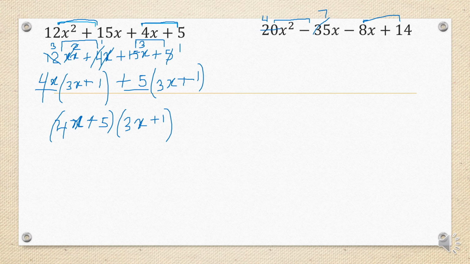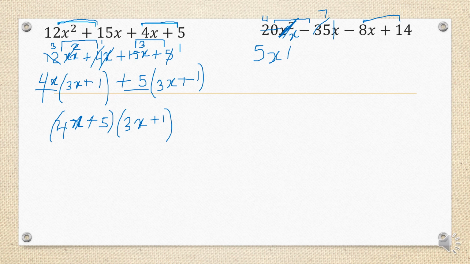So what number do we use to factorize? 5. So the 5 comes outside. Are there any more common terms that we can factorize? Yes, x. I have 1x on this side and I have 2x on this side. So I can take 1x from here and write it here. And the x comes outside.